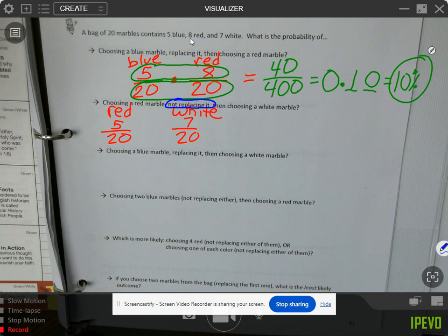So if I have a bag with 20 marbles in it, I pick a marble out and I set it aside. Ava, how many marbles are left in my bag? 19. So now my total possible outcome changes. So when we see that not replacing it, it's important that we realize we have a new total possible outcome.